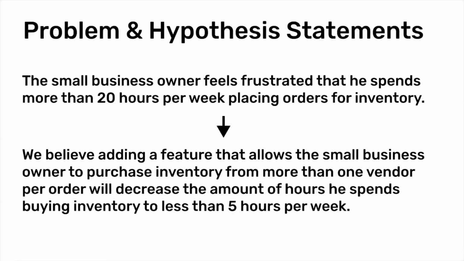Something essential in the hypothesis statement is that it's measurable, so there's a way we can measure the success of our hypothesis. In this instance, if our user is only able to decrease the amount of time he spends per week buying inventory to about 15 hours, we know that we haven't been so successful in how we chose to solve their problem.